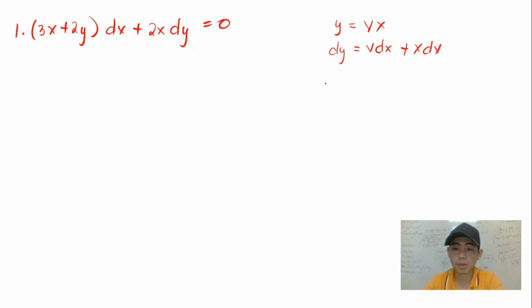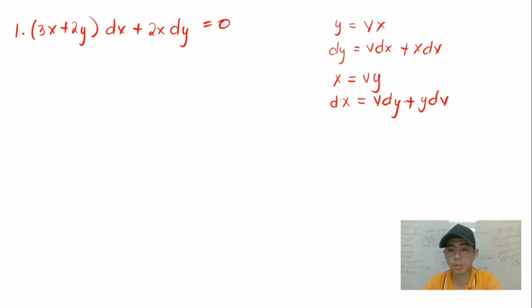So, yung x naman is equal to vy, and then the derivative of x is dx equals v dy plus y dx. So, ang magic substitution is ginagamit para mas mapadali ang pagkuha mo ng sagot, ang pagsasolve mo, pagkukuha ng solution. So, ginagamit ang magic substitution sa homogeneous equation.